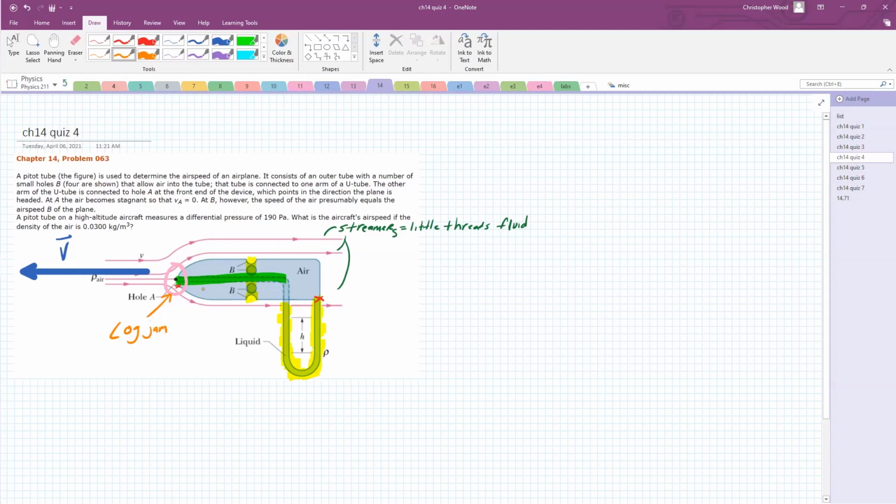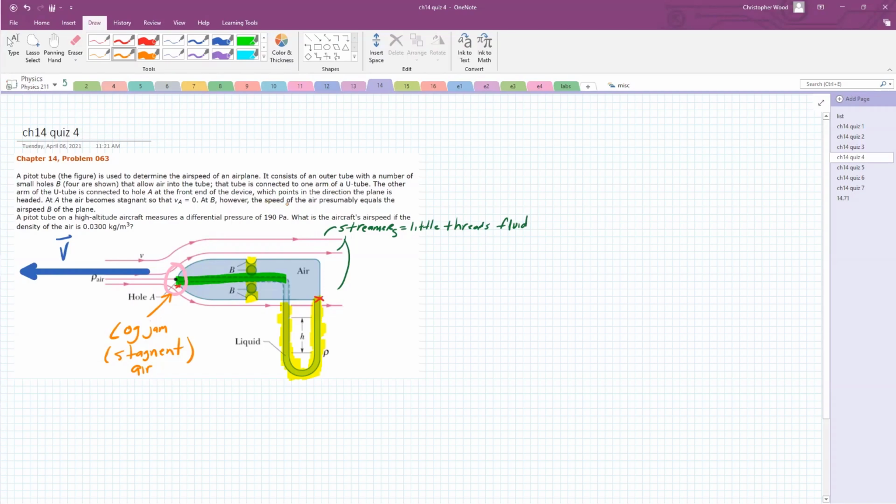No air actually passes through this tube because the speed is too great, and there's too much air trying to go too quickly through too small of an orifice, which is why I refer to it as a log jam, or stagnant air. Stagnant air means log jam, like a stagnant pond where the water's just sitting there. There's no circulation, no flow. This is stagnant air at point A, and this is by design. The pitot tubes are designed to make that happen.